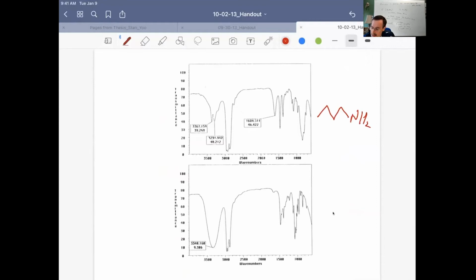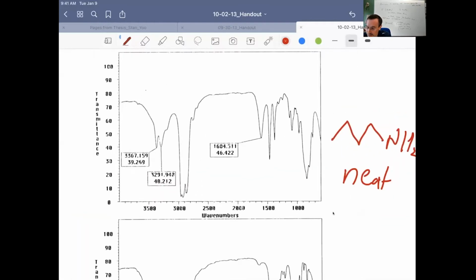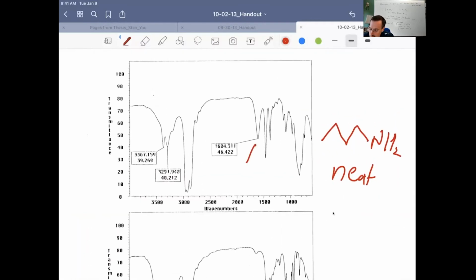And you can see this is neat. In other words, it's the pure sample applied probably to a sodium chloride salt plate. And I wanted to point out the features here. So here's our NH bend right on the edge of the fingerprint region, or at least I'm calling the fingerprint region 1400 to 600.